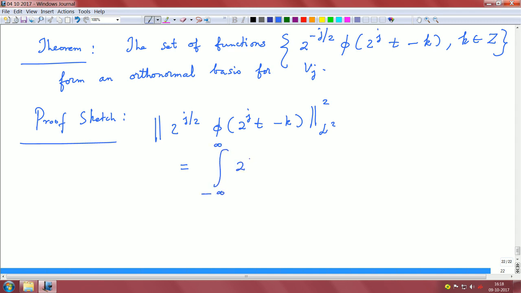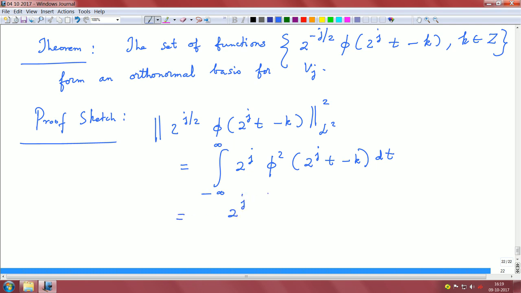You have 2 power j, this j upon 2 with j upon 2 will be 2 power j, then this is phi square of 2 power j times t minus k dt, and this is basically 2 power j.